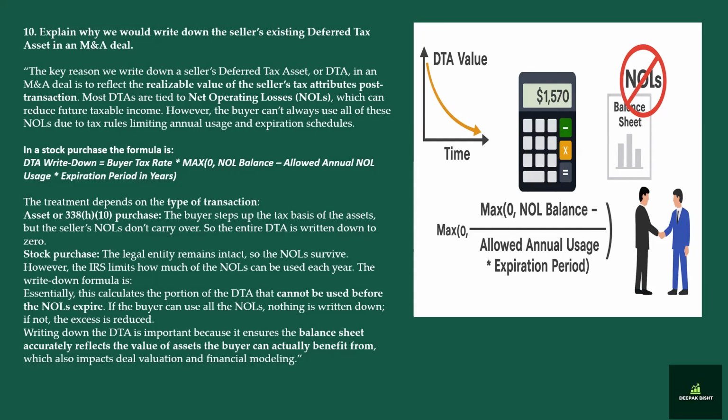So what actually is a deferred tax? It represents future tax benefits. We have deferred something into the future, and defer in definition means we have pushed something to the future. So this is representing future tax benefits, basically the amounts that can reduce future taxable income.